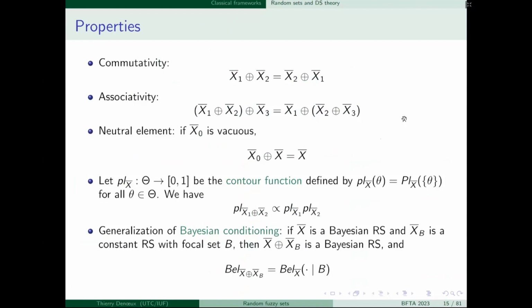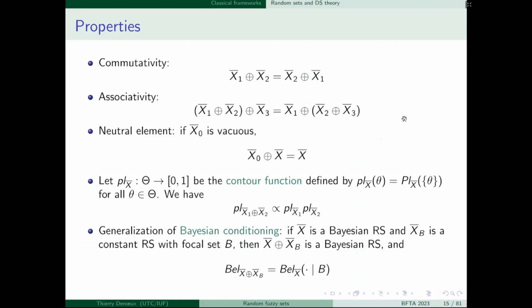This rule, we have seen already, is commutative and associative. Any vacuous random set is a neutral element. The contour function is once again the mapping pl, with a lowercase p, where pl of theta is the plausibility of the singleton theta.